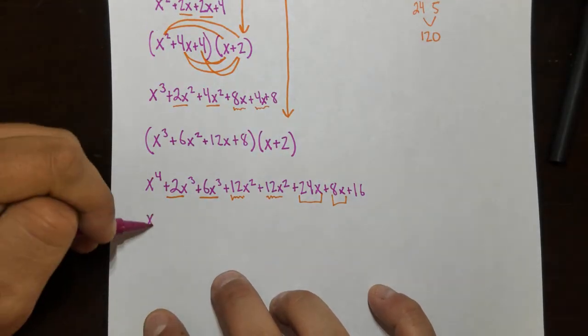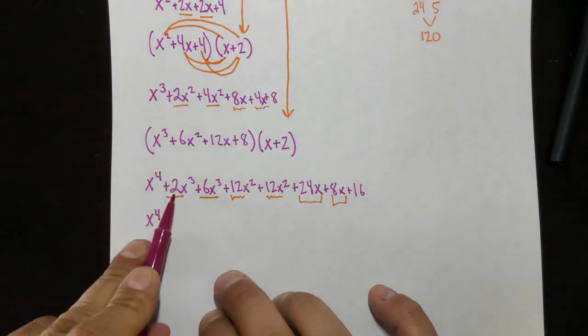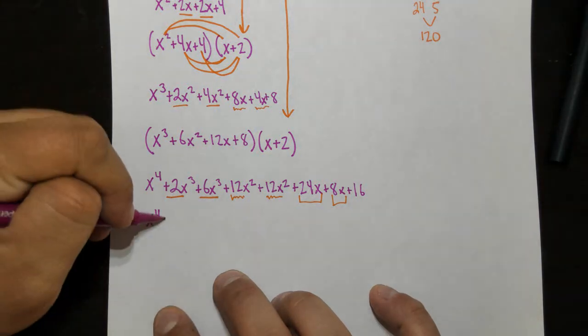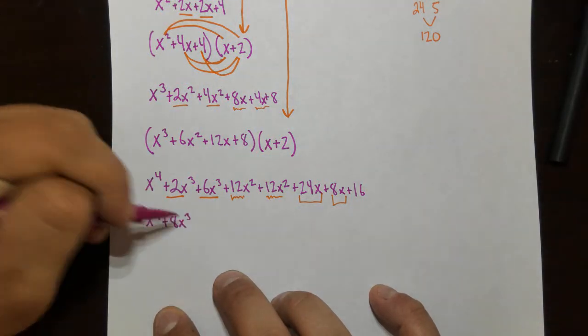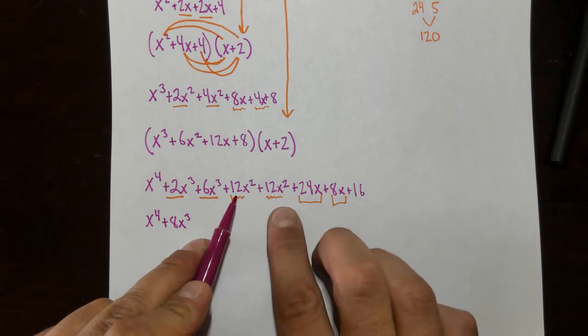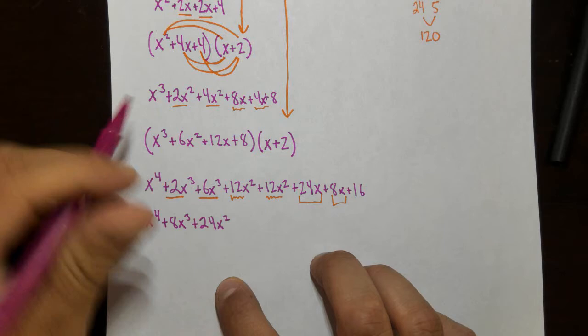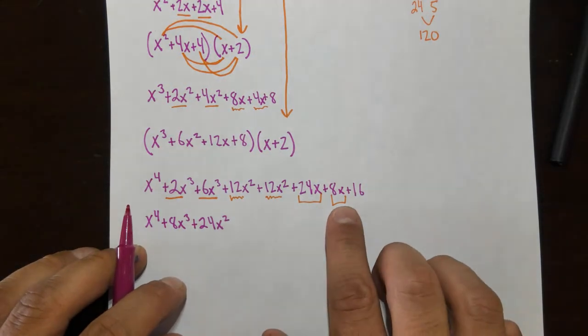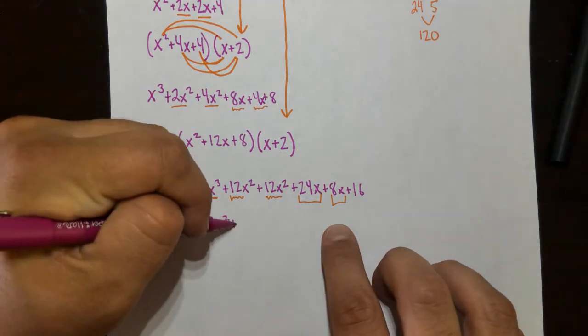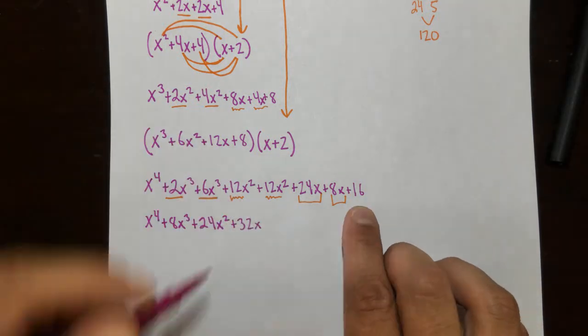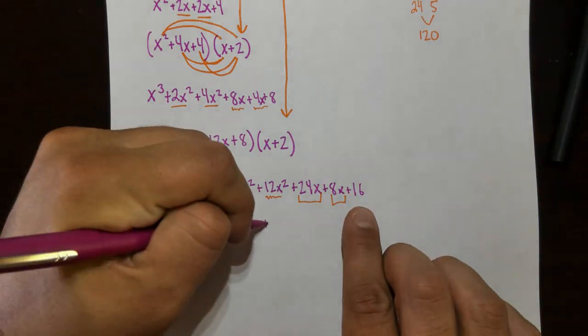We have x to the 4th, and then 2x cubed plus 6x cubed is 8x cubed. 12x squared plus 12x squared is 24x squared. 24x and 8x gives us 32x. And then we finally have 16.